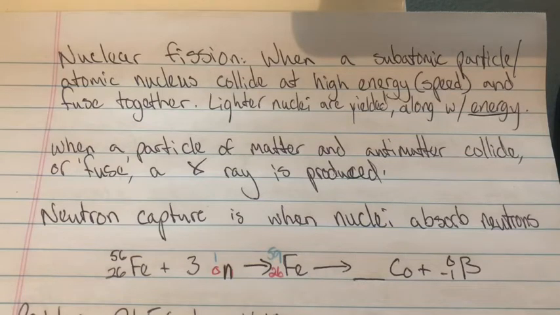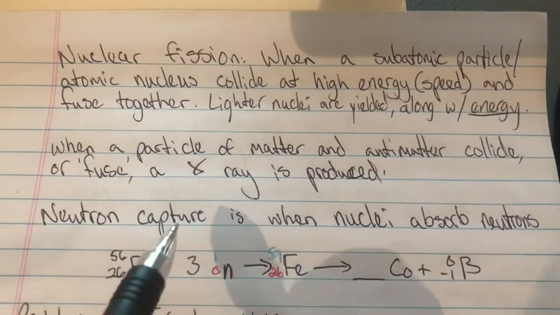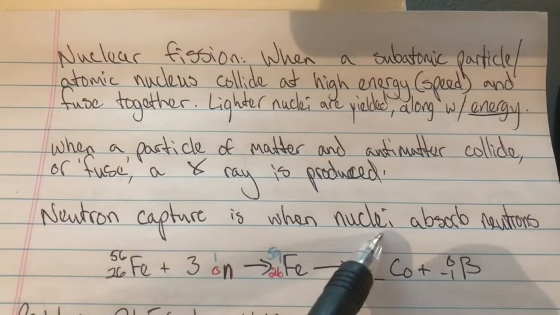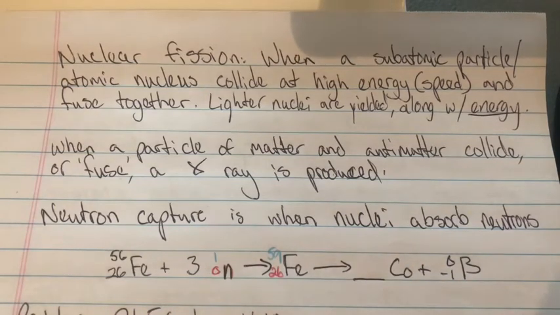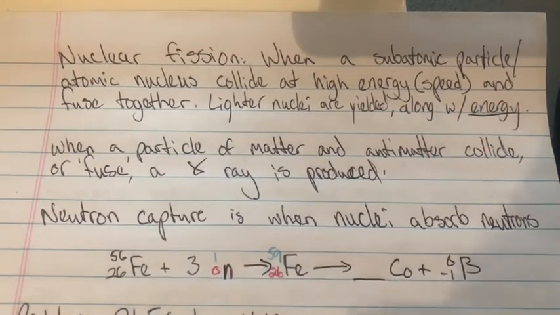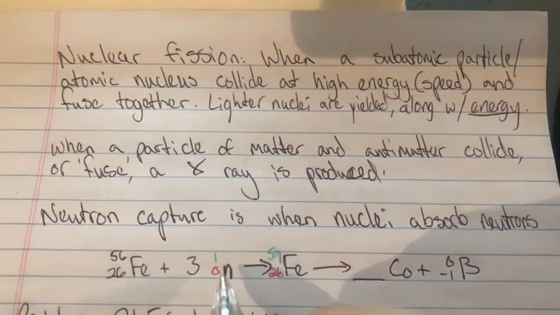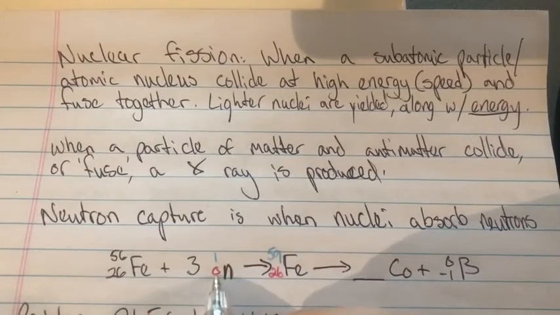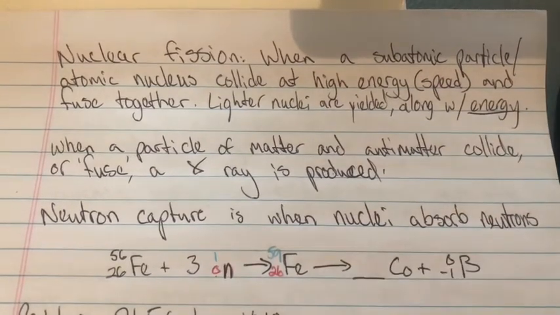Okay. Neutron capture is when nuclei absorb neutrons. So in this particular instance, we have 56 iron, which is going to sponge up 3 neutrons. Again, 0 charge contribution, but 1 atomic mass contribution apiece.